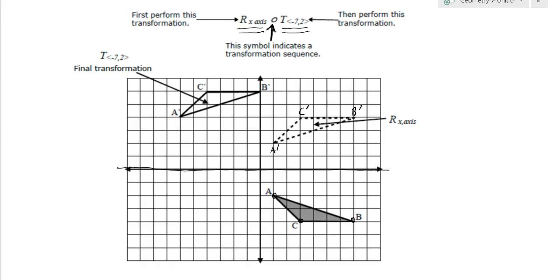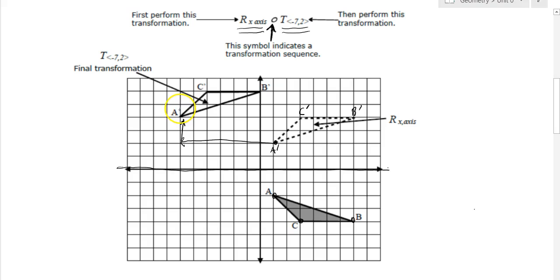Then we're going to take what we now have and do the second transformation, which is a translation, left 7 and up 2. So each of these points gets moved back 7 and up 2 to get into their final positions.